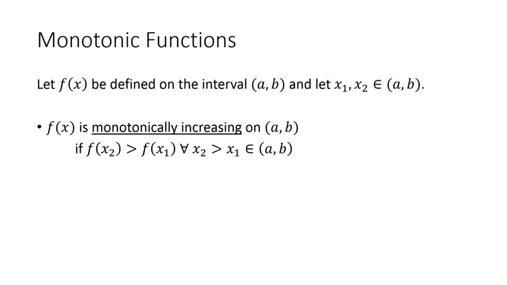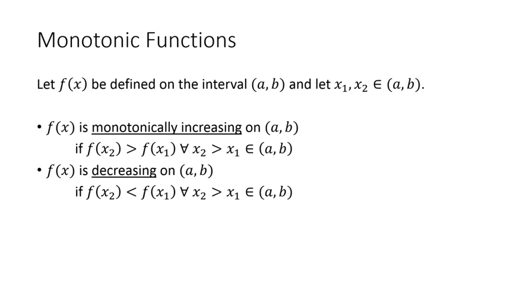The mathematical phrasing is more complicated than it needs to be. The concept is simply that no matter which pair of points you pick, the larger of the two values of x produces the larger value of the function.